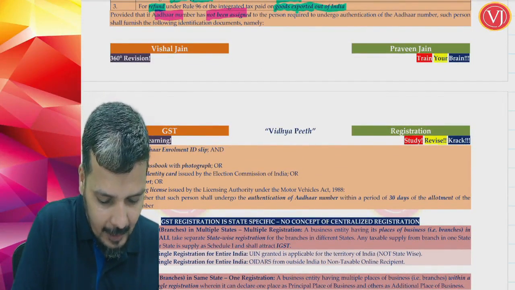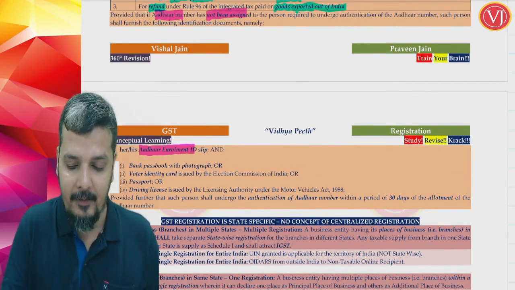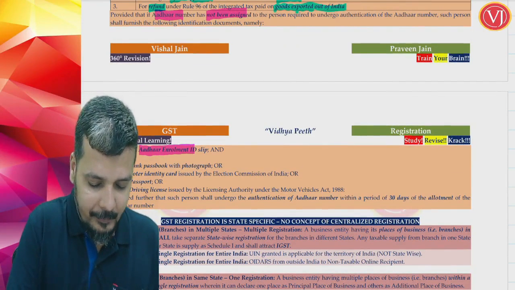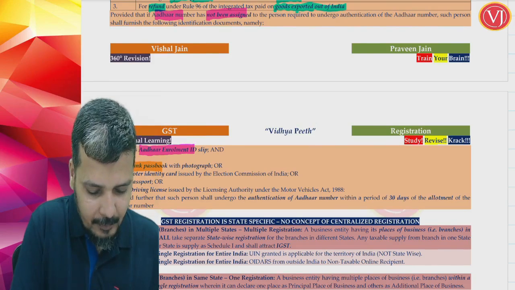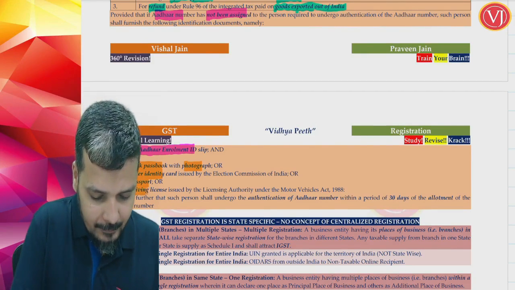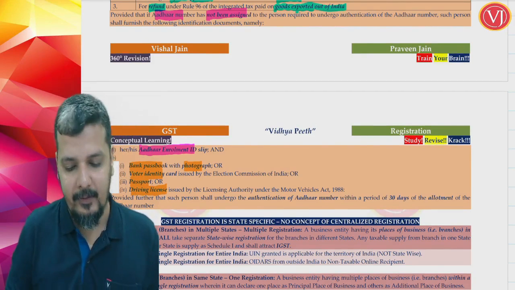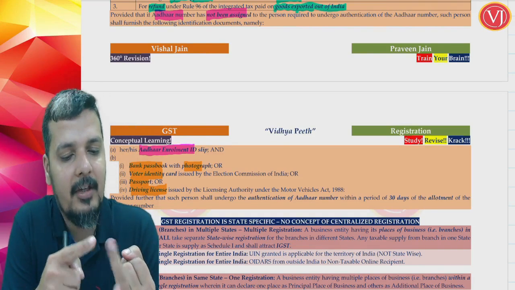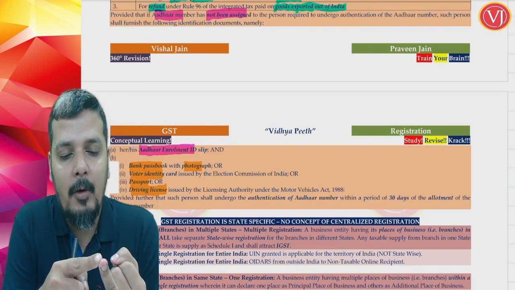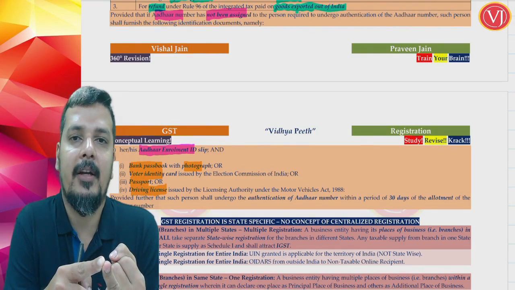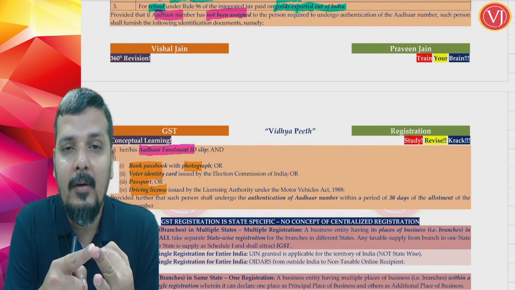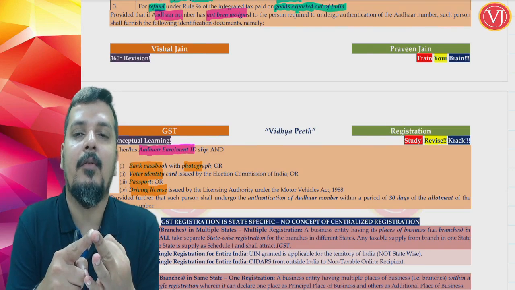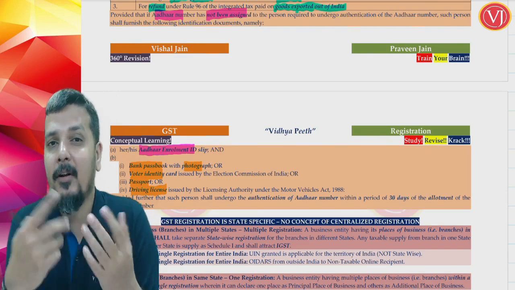You can give your Aadhaar enrollment slip showing that you have applied for Aadhaar, plus you can give proof of a bank passbook with photograph or a voter ID card or a passport or a driving license. Which means if you say, see, I want to make a revocation application or I want to make a normal refund application under Rule 89 RFD 01, or I want refund of IGST on export of goods under Rule 96, which is automatic, but I don't have Aadhaar.